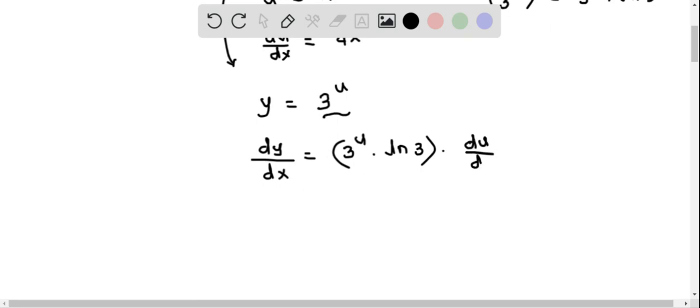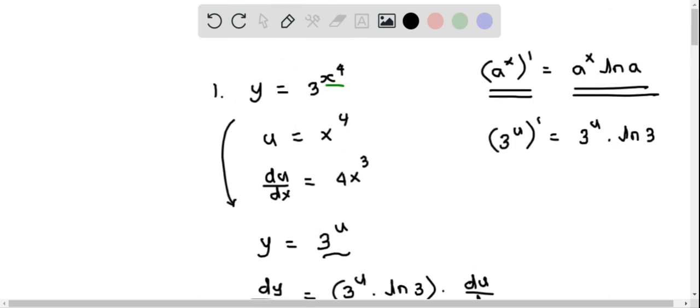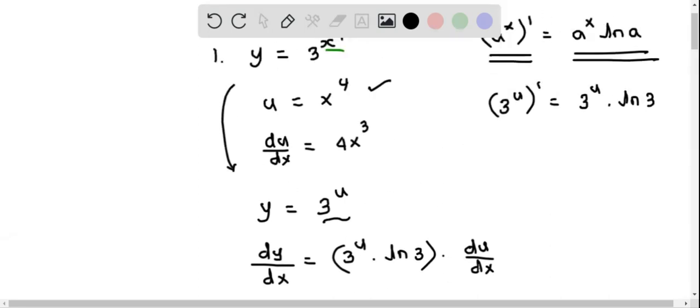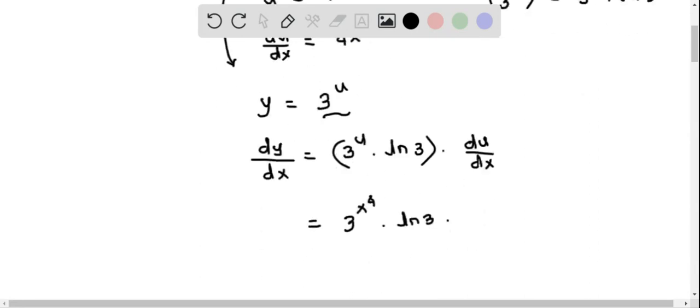to multiply by the derivative of u with respect to x, that is du/dx. Now let's replace u with the substitution that we have made. u equals x^4, so replace u by x^4. This becomes 3 raised to the power of x^4 times the natural logarithm of 3 times, we already found du/dx, which is 4x^3.